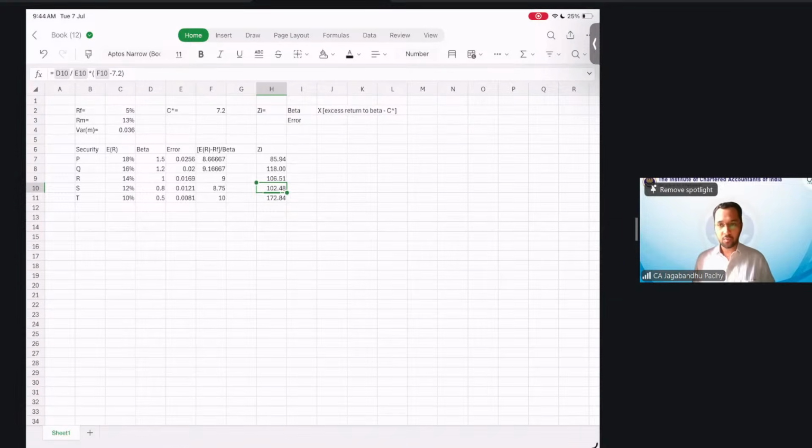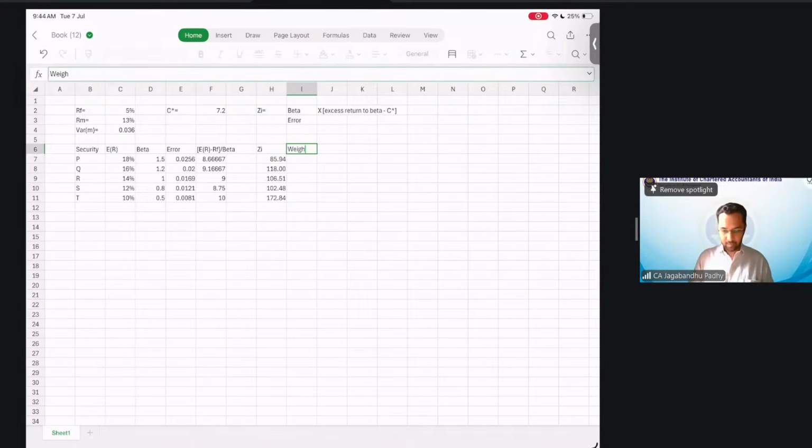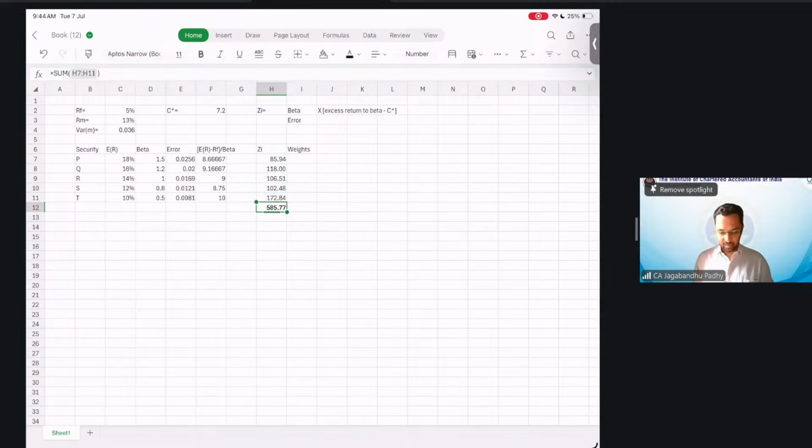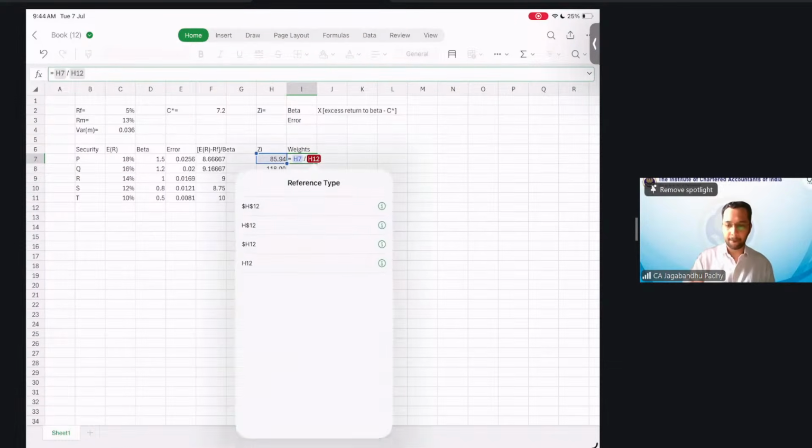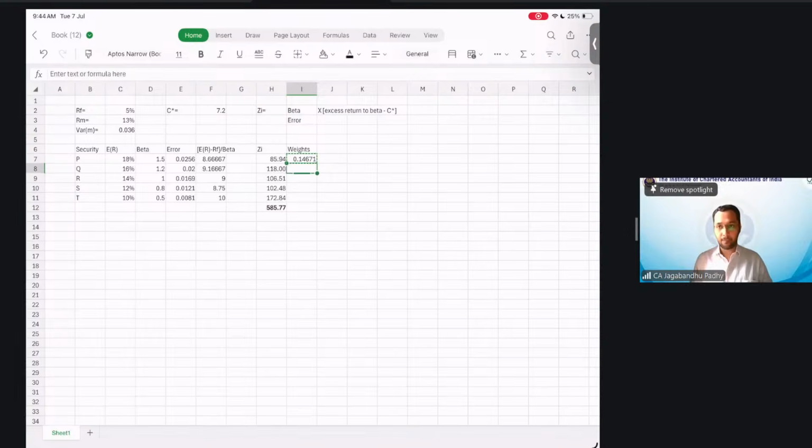Now, portfolio weightage will be simply, you take the summation of all the Zi values and then you take the weightage as this divided by their summation. These are the weightages based on Zi values.